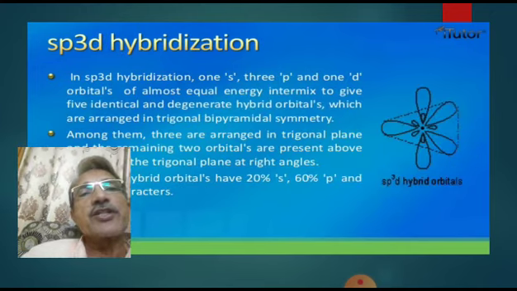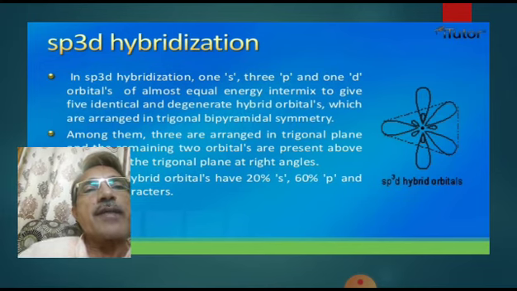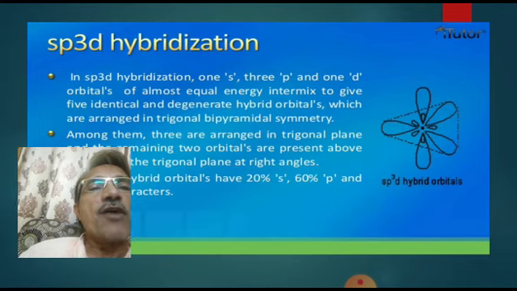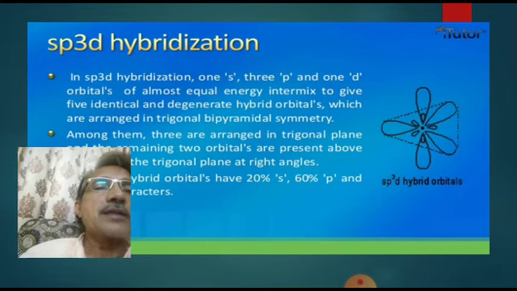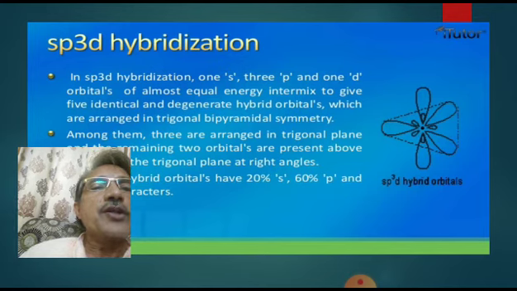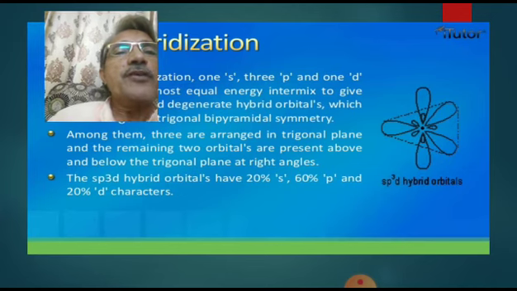sp3d hybridization. In sp3d hybridization, one s orbital, 3 p orbitals and one d orbital of almost equal energy intermix to give 5 identical and degenerate hybrid orbitals, which are arranged in trigonal bipyramidal symmetry. Among them, 3 are arranged in a trigonal plane.